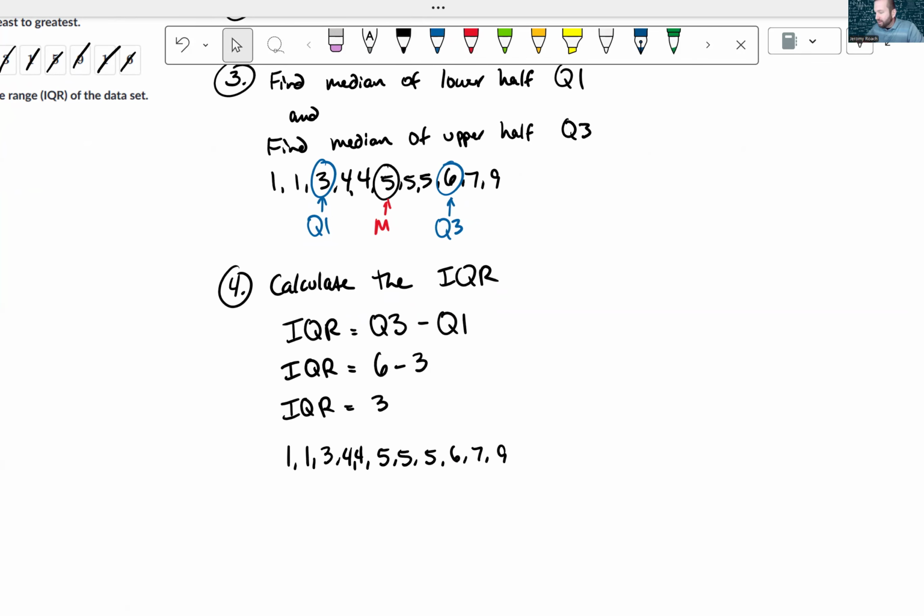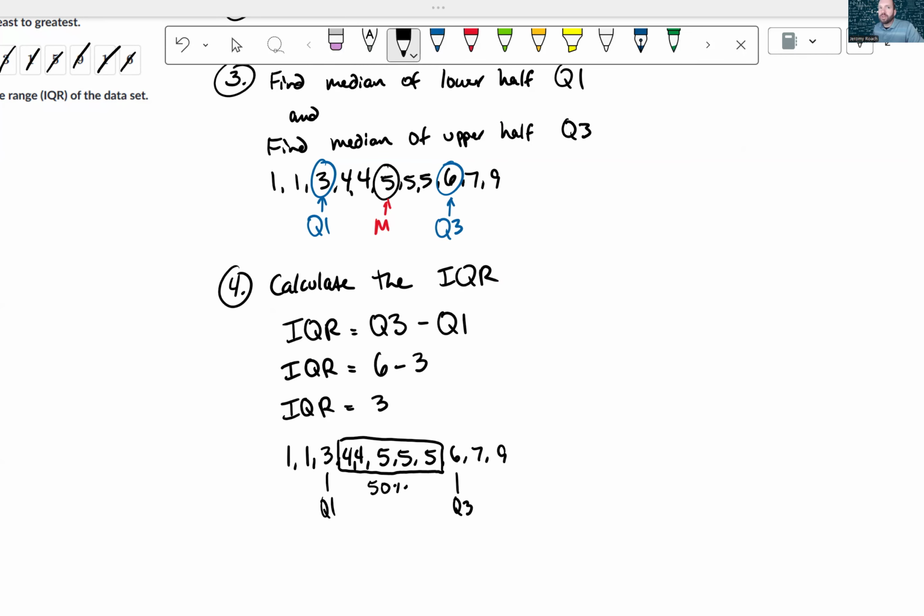That means that from here to here, all of this stuff, the spread is 3 apart from Q1 to Q3. So this is 50% of our data from Q1 to Q3. That's how we would write that out in a list form.